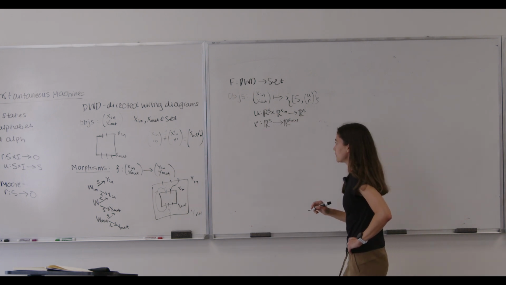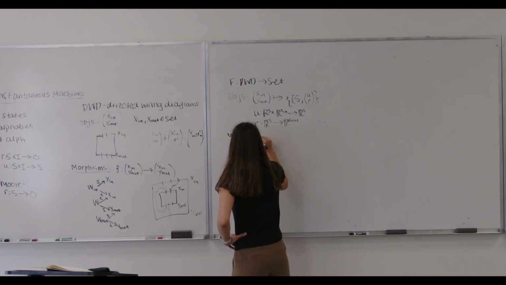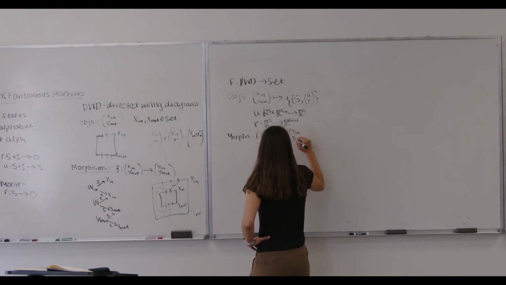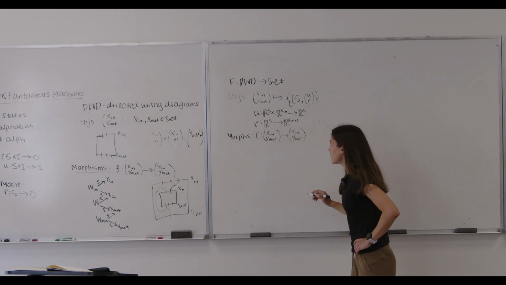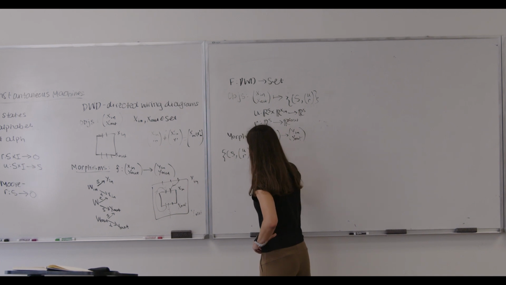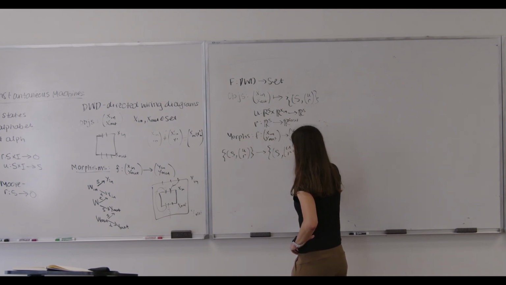And then on morphisms, if we have some F, which goes from X in, X out to Y in, Y out, then this maps to some set function S, U, R, and we'll call it now U prime, R prime.